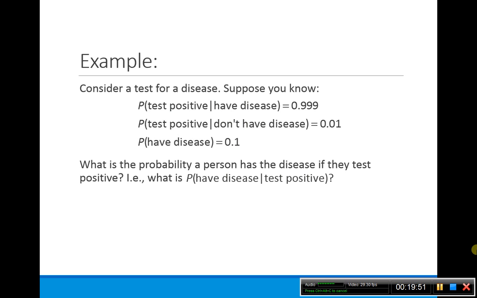The probability of having the disease is 0.1. So what is the probability a person has the disease if they test positive? In other words, what's the probability that you have the disease given you test positive? Just the reverse of this, right? What we have is the probability of testing positive given you have the disease, but really what we want to know is the probability that if you've got a positive test, you really do have the disease.